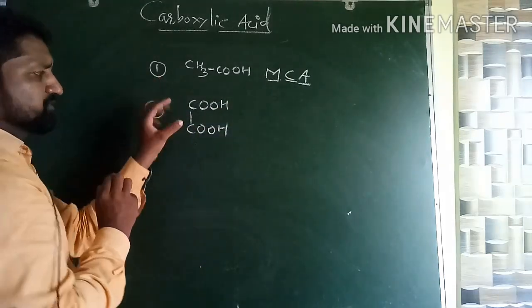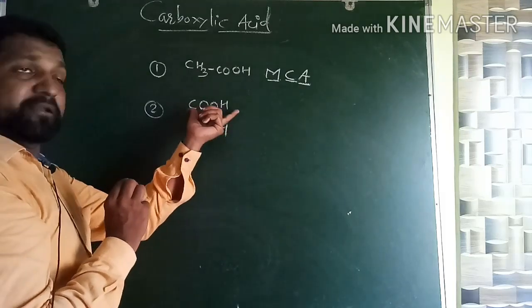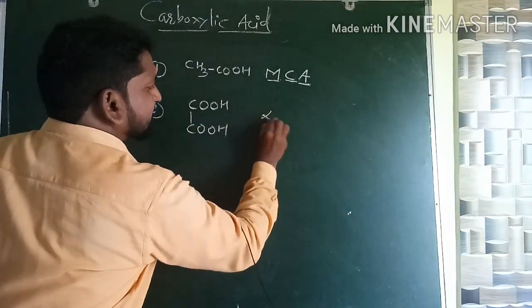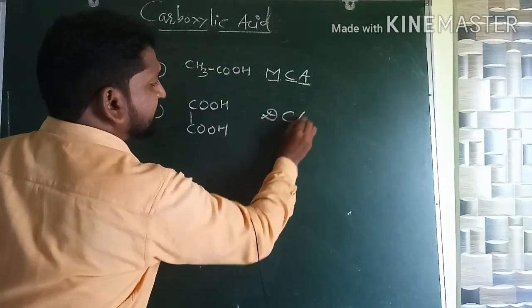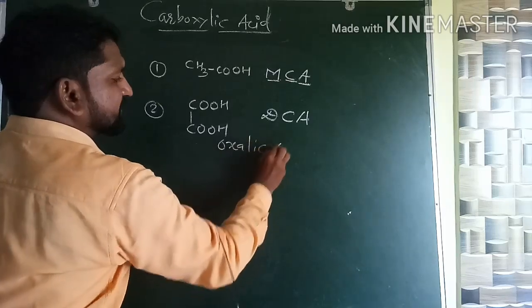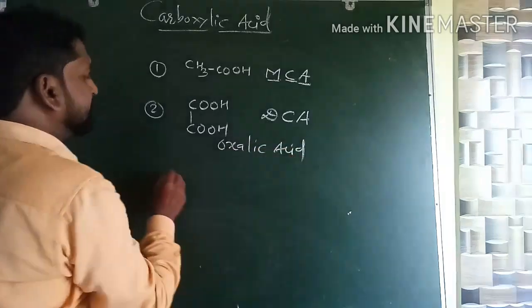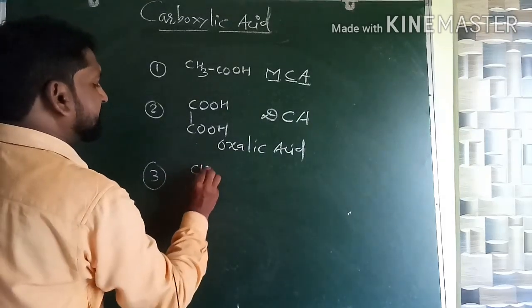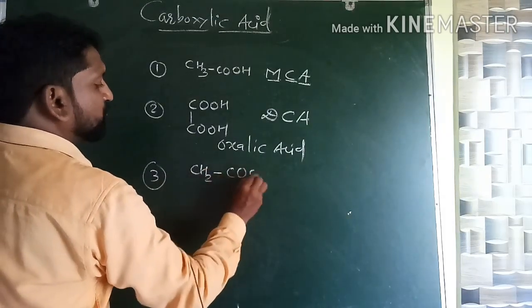This is a molecule which contains two carboxylic groups. Such carboxylic acids are called dicarboxylic acid. For example, oxalic acid, a well-known acid.